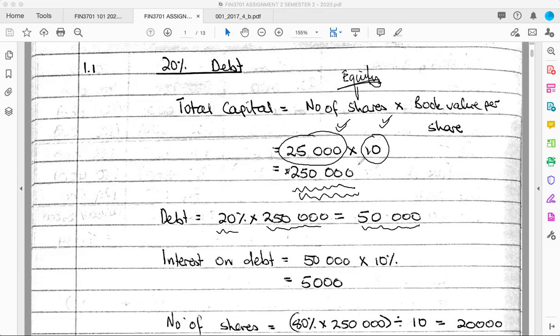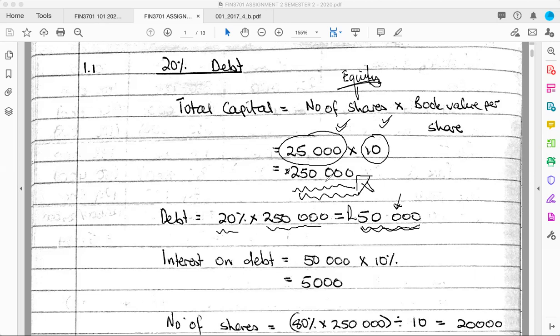For now, we only have equity. So if we're going to introduce 20% debt into our capital structure, it means this 250,000 Rand, which is only equity, 20% of it is going to be debt. So we say 20% of 250,000 and we get 50,000. So it means the debt we have in our capital structure is now going to be worth 50,000 Rand.